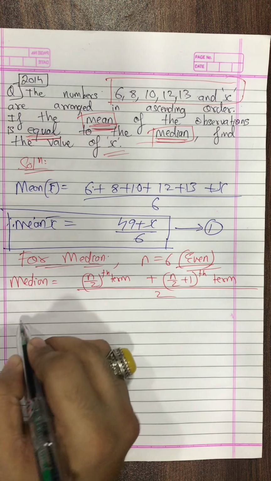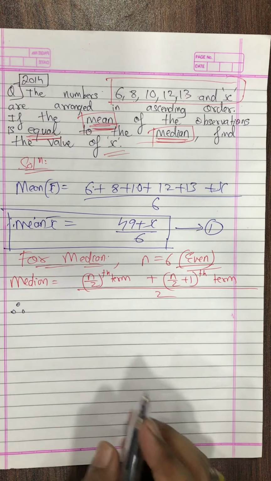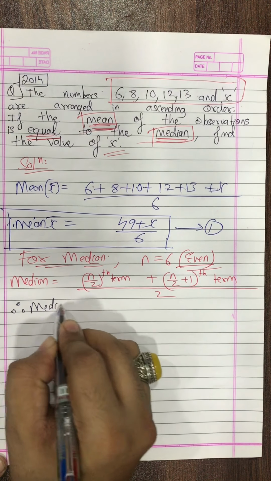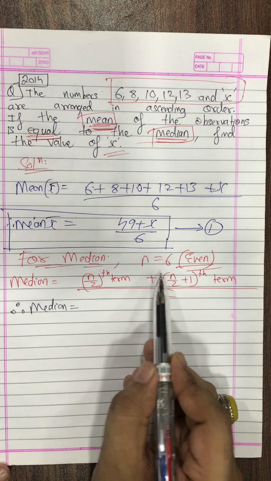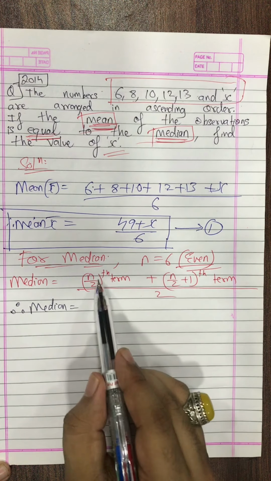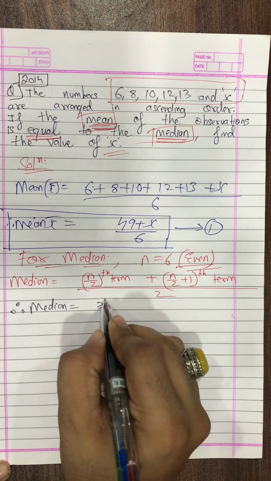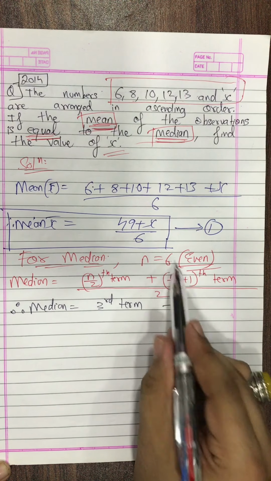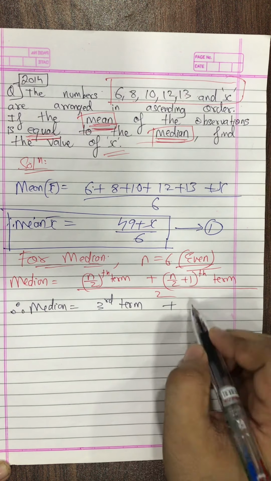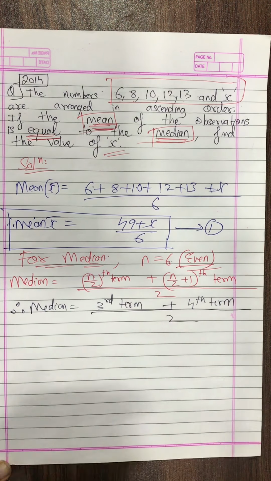I don't have space, that's why I'm writing very close by. So median will be what? N here is 6, so I'll skip one step because I don't have space. At the place of n, I'll put 6. So 6 upon 2 will be the third term, plus 6 upon 2 is 3 plus 1, the fourth term, the whole upon 2.